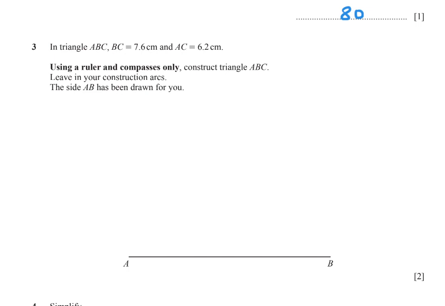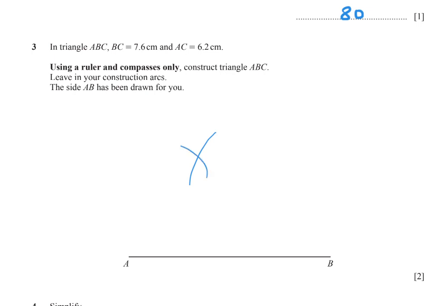Now to complete the triangle, open the compasses with radius 7.6 centimeter, and from B, draw an arc. And from A, open the compasses with radius 6.2 centimeter and draw an arc.